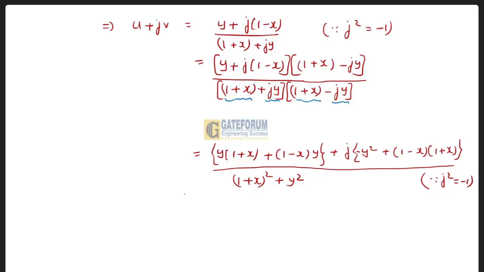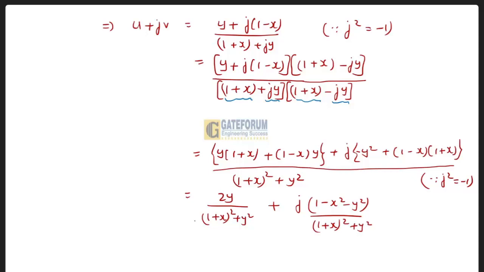Now separating into real and imaginary parts, take y common, 1 plus x plus 1 minus x simplifies to 2, so 2y divided by the denominator (1 plus x) whole square plus y square, this is the real part, plus j times the numerator. This is (1 minus x) square, a square minus b square, (1 minus x square) minus y square, divided by the denominator (1 plus x) whole square plus y square.